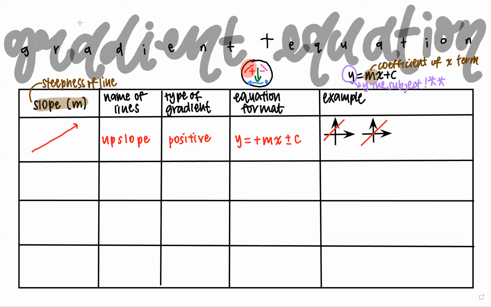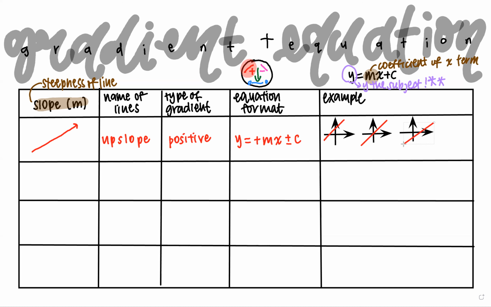And like this. Later I want you all to draw all these different examples in your notes. Got it, people? Okay. These are the different upslope graphs. Can you see the eyebrow says upslope and then the eye says positive? There's a positive sign. So the type of gradient will be positive.